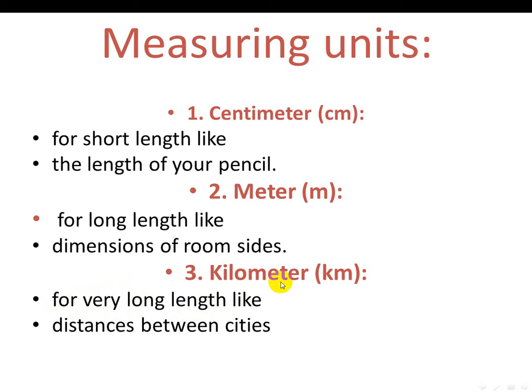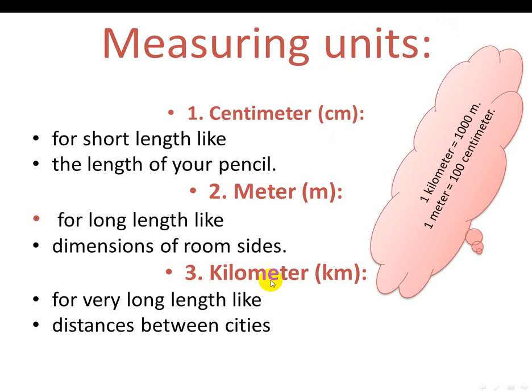So if I ask you what the distance between Cairo to Alexandria is, it is calculated by kilometer. Okay. Here we have the kilometer, the 1 kilometer equals 1,000 meters, and the 1 meter equals 100 centimeters. You have to be careful of this note because it's very, very important.